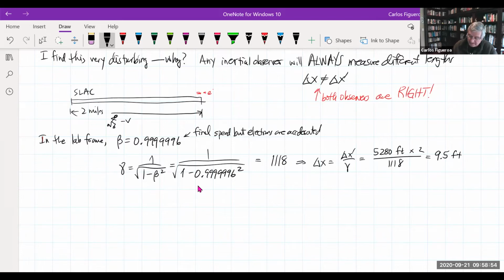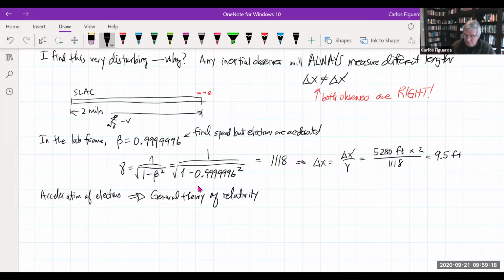But one of the things that I said here is that there's acceleration of electrons, which means that you have to bring in the general theory of relativity. When you look at the general theory of relativity and account for all of these things, you essentially get something like this.